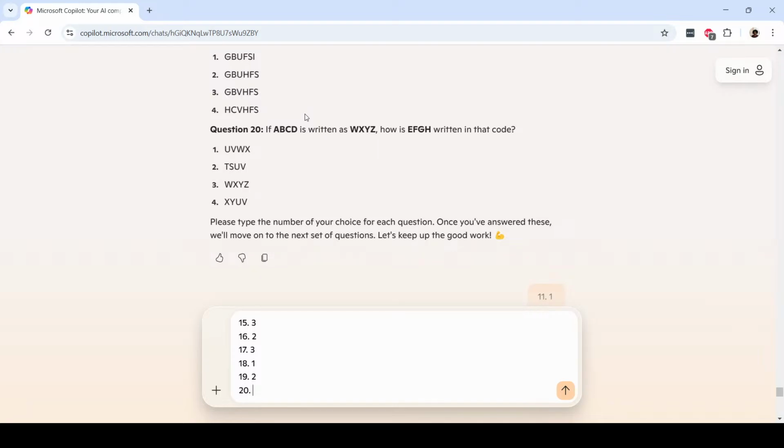A B C D is W X Y Z. So EFGH should be written as STUV, but it is not in the options. Is VUTS an option? No. So how?